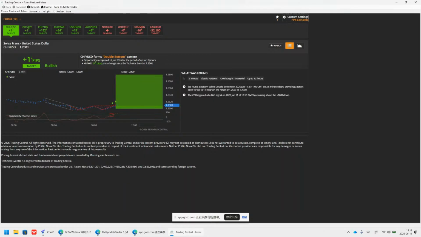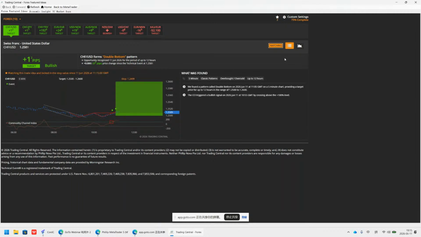It is also a bullish pattern, and the target price can reach between 1.25 and 1.26. The price change has been 0.0002 since the event was recognized. Above the chart, the target price and stop loss levels are also displayed. Again, we can add the currency pairs we are interested in to the watch list for easy viewing later.